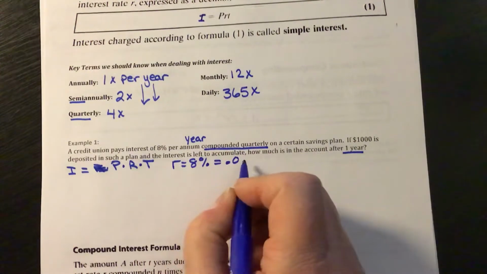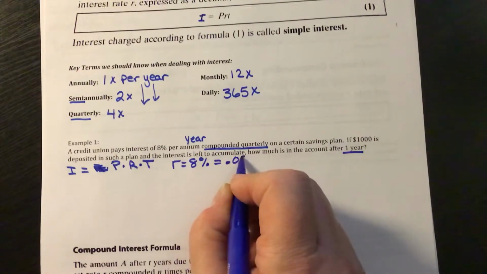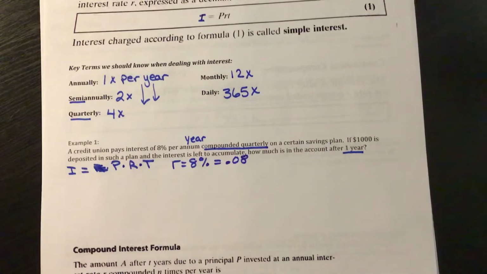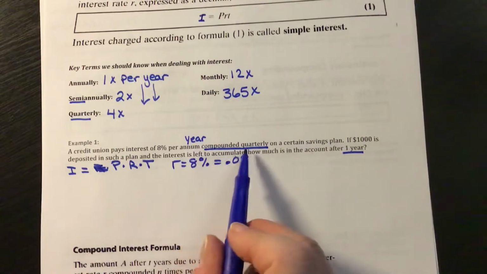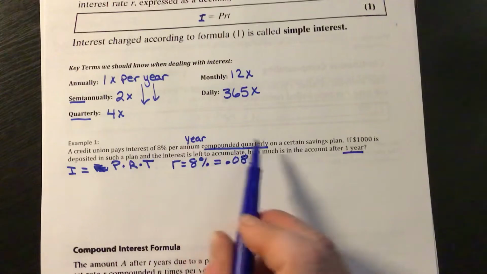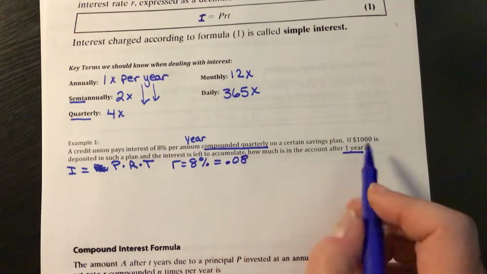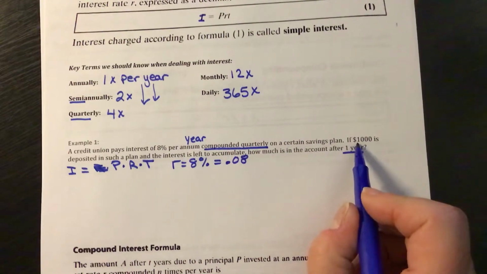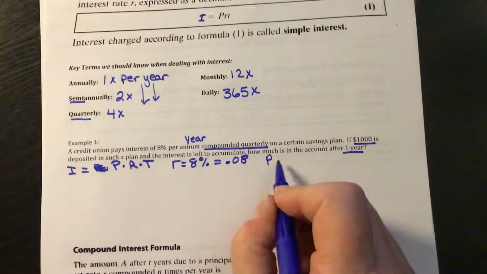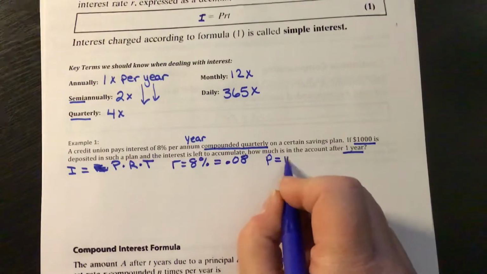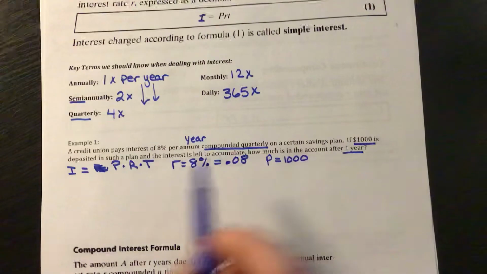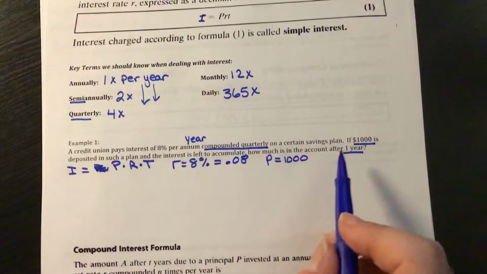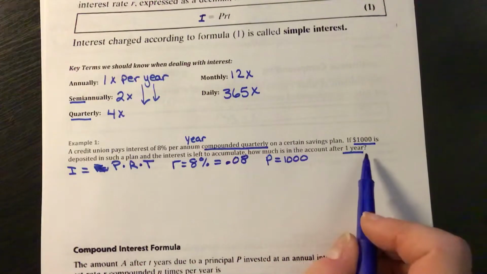So 8% means 8/100. That's 0.08. It's compounded quarterly. All right, so we're going to deal with that in a second. We deposit $1,000, so that's going to be my principal. And let's see, we want to go for 1 year.